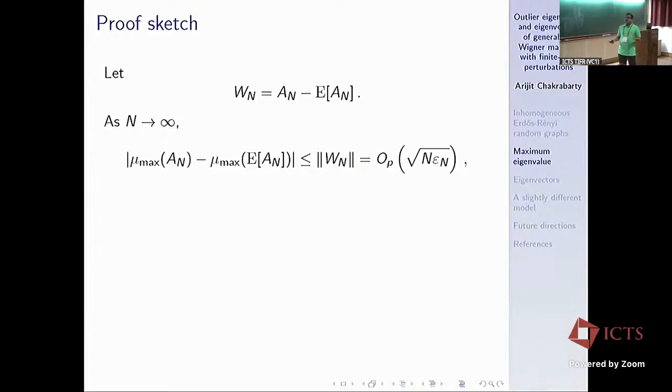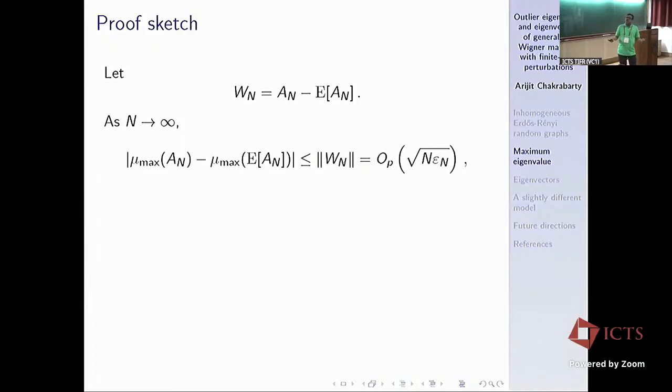I didn't talk about the bulk of the eigenvalues, but W_n scaled by square root of n times epsilon_n has a limiting spectral distribution. So the bulk of the eigenvalues of W_n are of the order of square root of n times epsilon_n. In particular, the largest eigenvalues are of the same order.